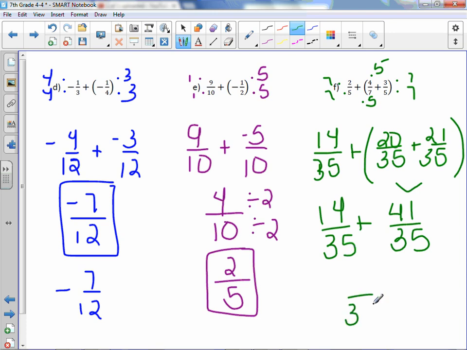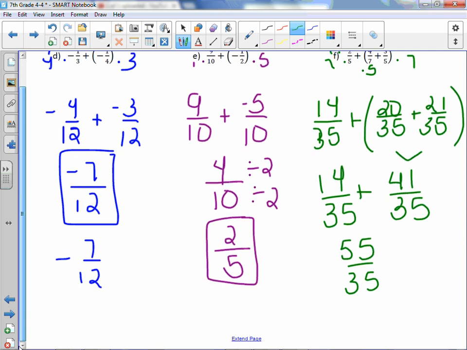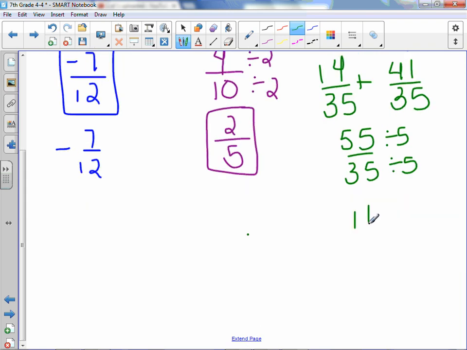And here, it looks like I get 55 over 35, and we need to reduce. I definitely can divide numerator and denominator by 5, and we would get 11 over 7, which would be 1 4/7.